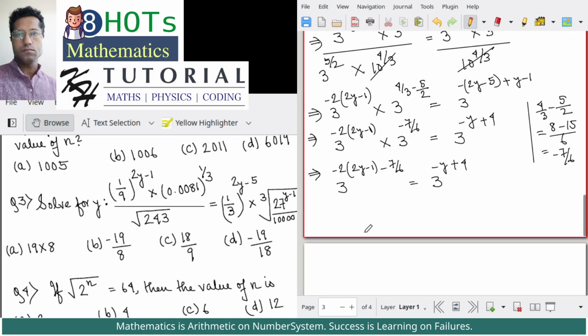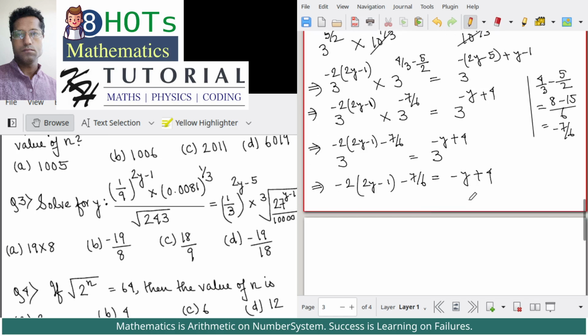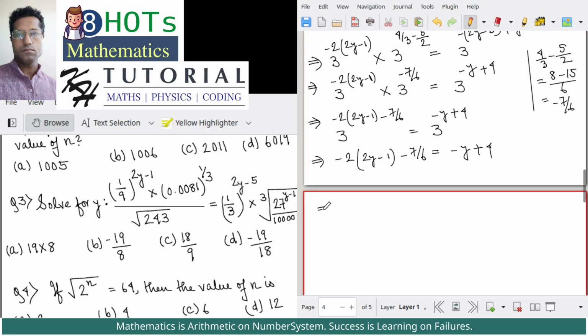Okay. So now we have an equation where both the LHS and RHS are powers of 3, so we can easily equate the powers. So this means minus 2 multiplied by 2y minus 1 minus 7 by 6 is equal to minus y plus 4. So this is a linear equation in y which we can easily solve.